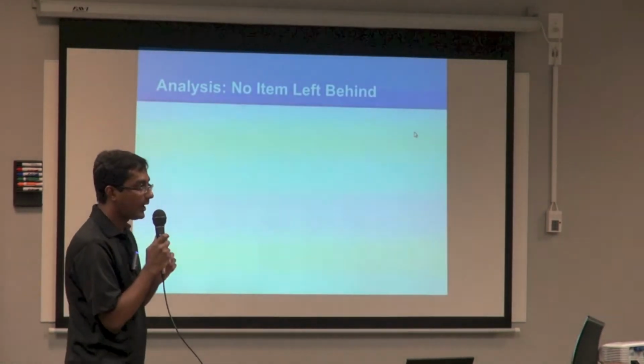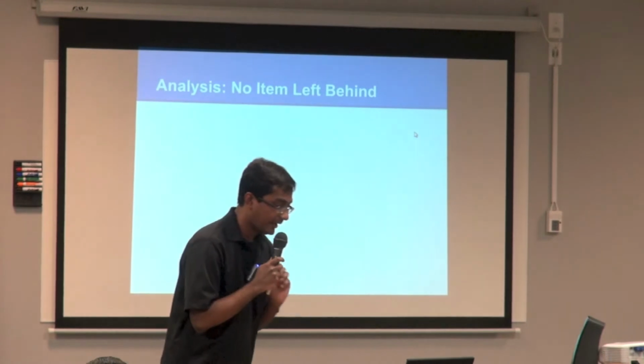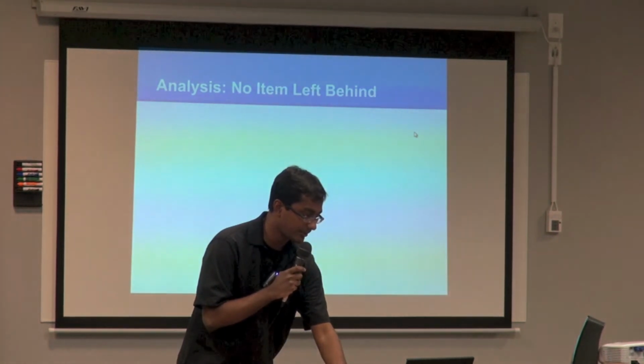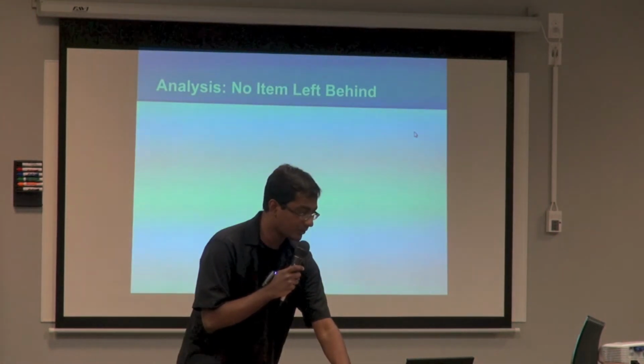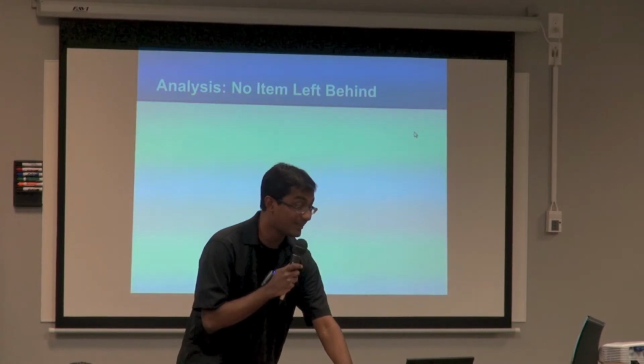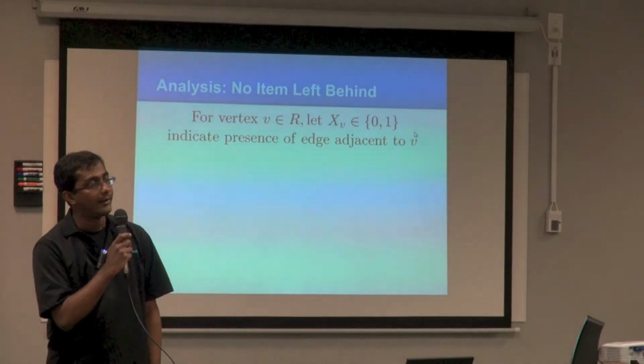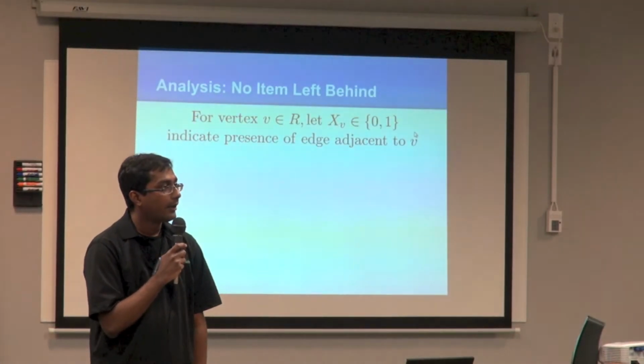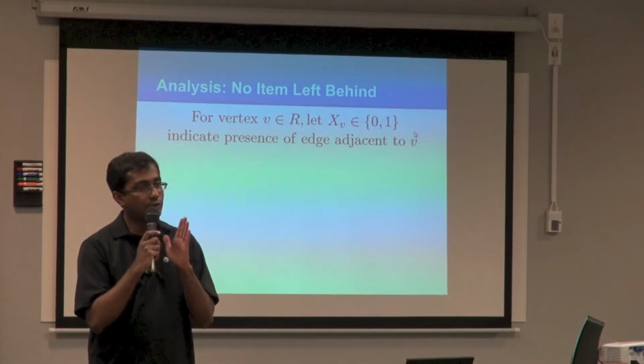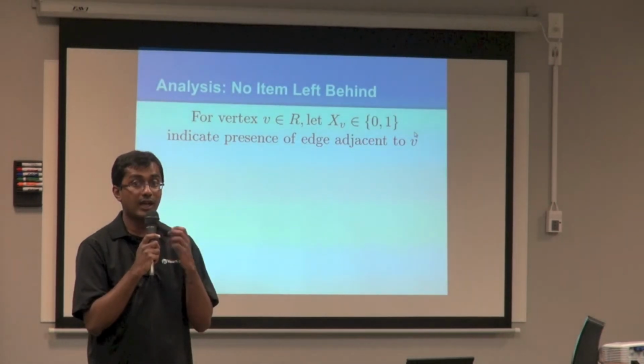Okay, so this is the one slide that has the analysis. It's actually not hard. I thought it was kind of cute that it's fairly quick to do, and it is actually insightful. So here's what it is. We are going to look at all the videos on the right side. These are the videos I want to recommend.